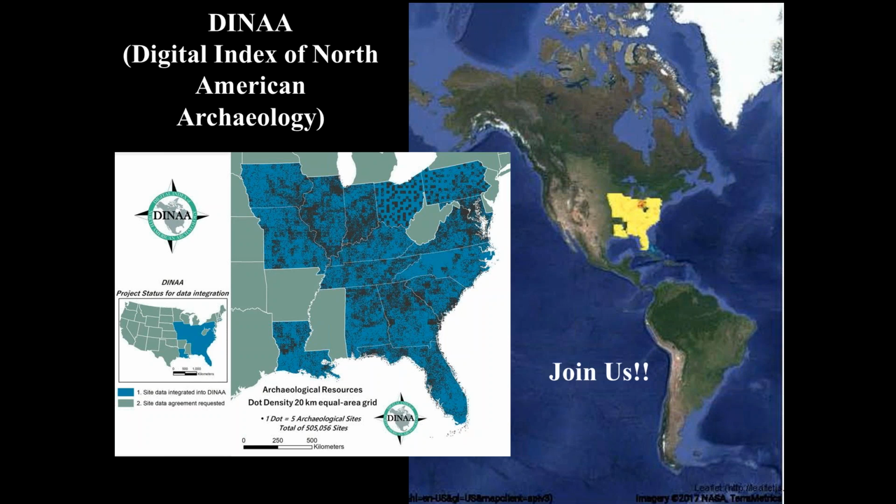Another research project that a number of us are working on is using DINAA information as a proxy for where human populations were on the landscape over time, and then comparing that with vegetation structure and change in vegetational communities to see if humans influenced the spread, for example, of certain species, oaks, hickories, and so on.